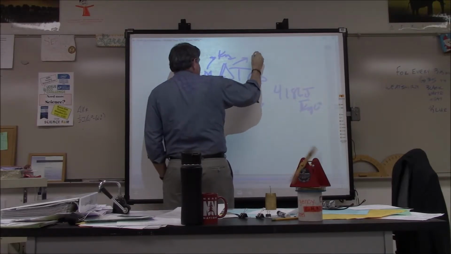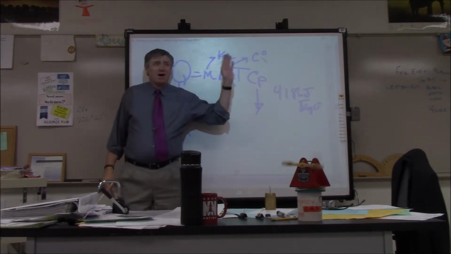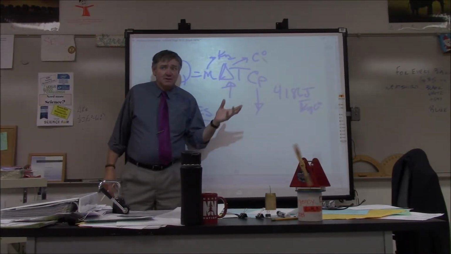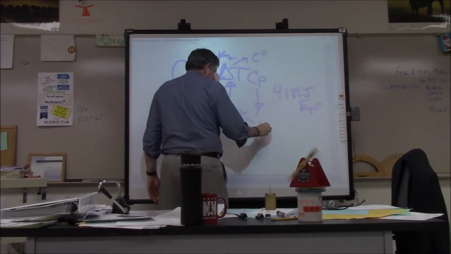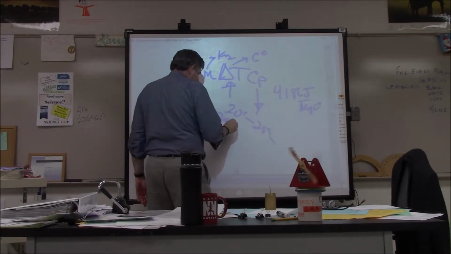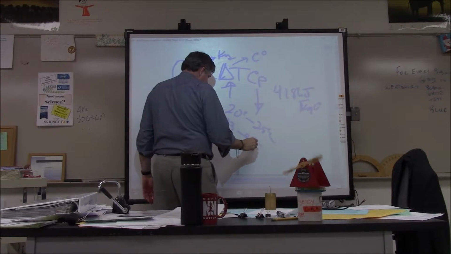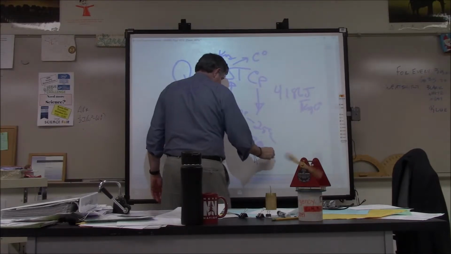This change in temperature is typically in Celsius, but it could be in Kelvin, and here's the reason why it doesn't make any difference if it's Celsius or Kelvin, because it's the change in temperature. So if you go from 20 degrees to 25 degrees Celsius, that's like going from 293 to 298 Kelvin.